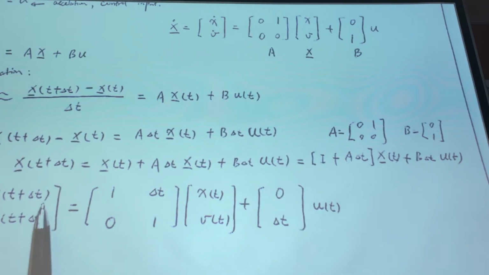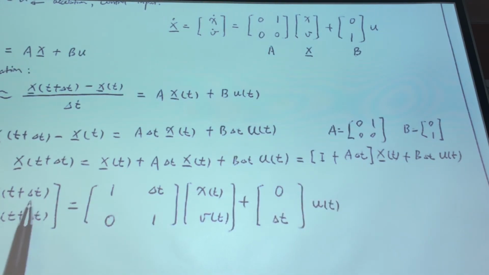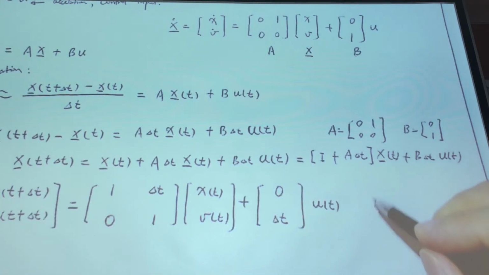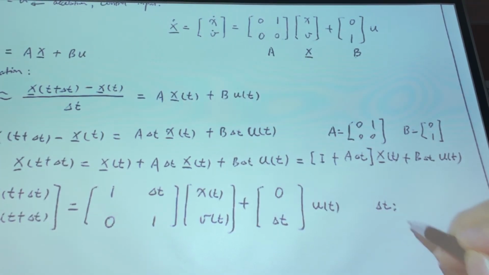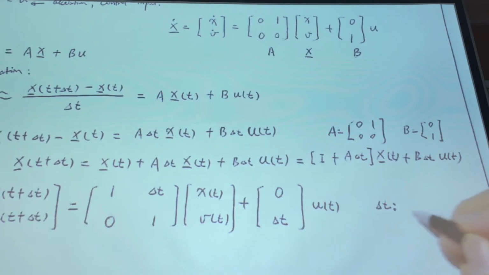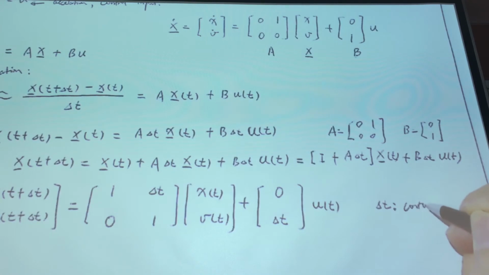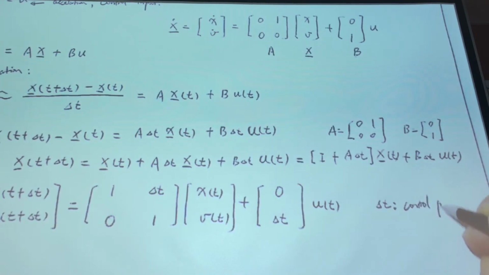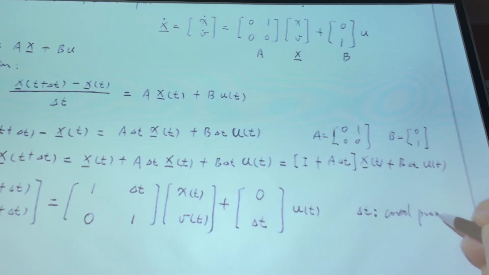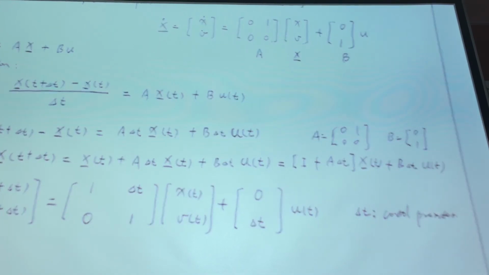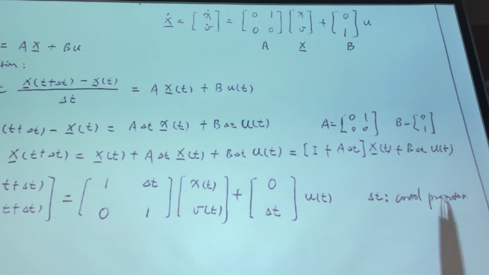In this case, we have almost discretized the function. We only have one parameter, delta t. We know that delta t is a control parameter, so it can be defined by the user.